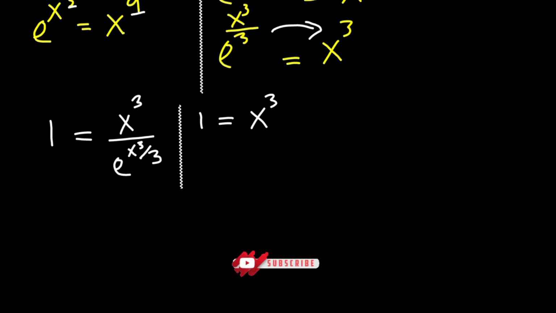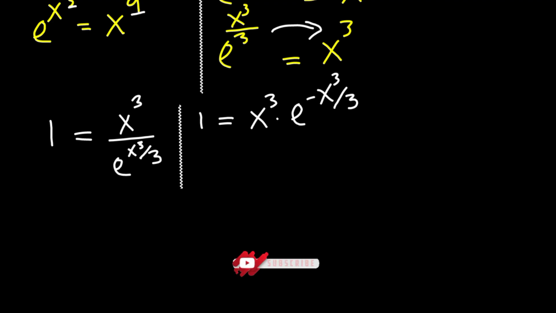We're going to apply the law of indices and have times e to the power of minus x cubed all over 3. Now, after doing that, our next aim is we want this power and this coefficient to be exactly the same.